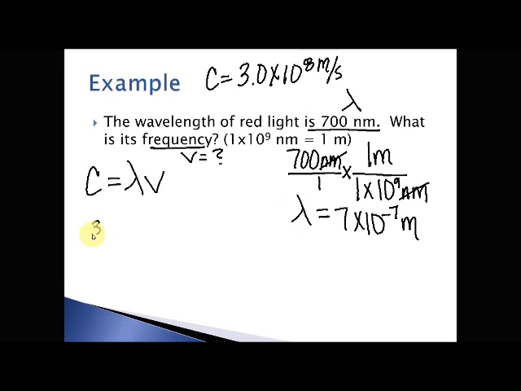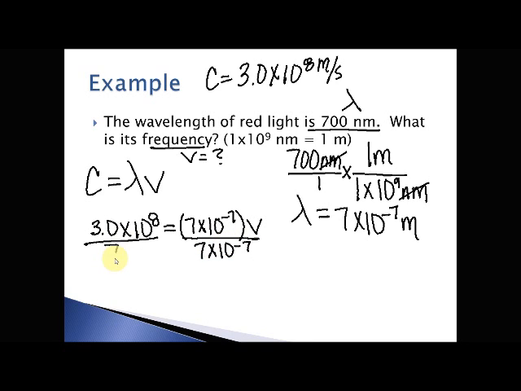So we have 3.0 times 10 to the 8 equals our wavelength of 7 times 10 to the negative 7 times v. Well, how are we going to get v by itself? We're going to divide both sides by our wavelength, 7 times 10 to the negative 7, so that on this side they cancel, and we're left with v, our frequency.